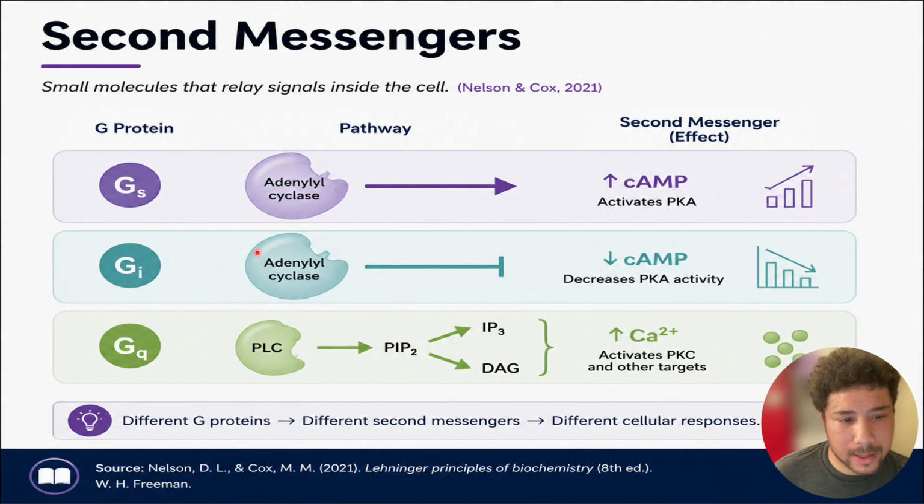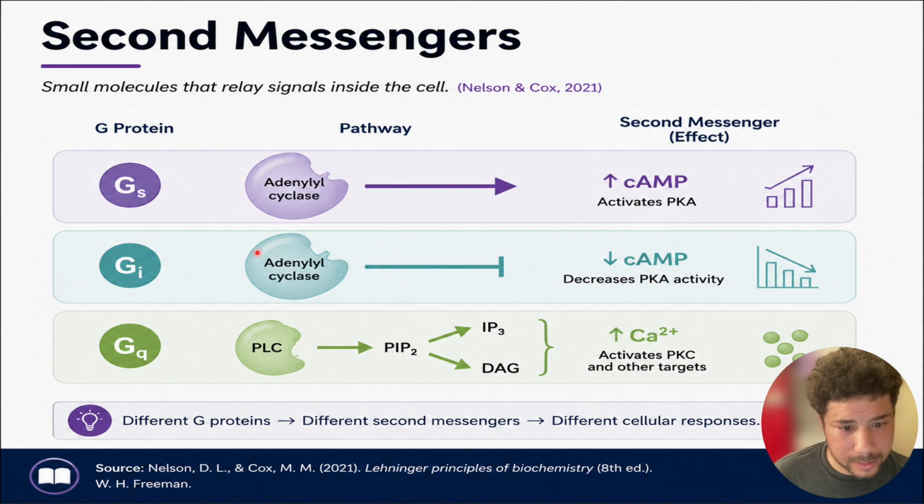PLC will then cleave PIP2 into two second messengers, IP3 and DAG. IP3 is soluble and diffuses through the cytoplasm to the endoplasmic reticulum. There it binds to the IP3-gated calcium channel and causes calcium ions to be released into the cytosol.